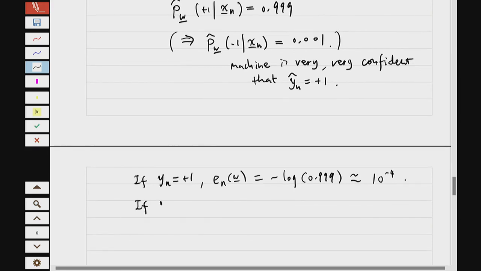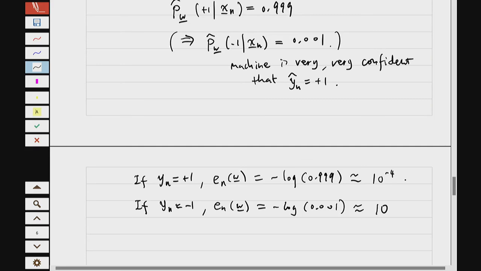What if you're unlucky? The data point that you get actually is a -1. So this line that you give may not be such a good line, right? So what is the error for this data point in that case? Turns out to be 10, roughly. This is the natural log, remember.